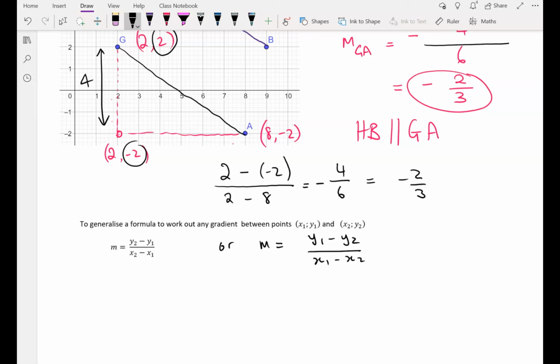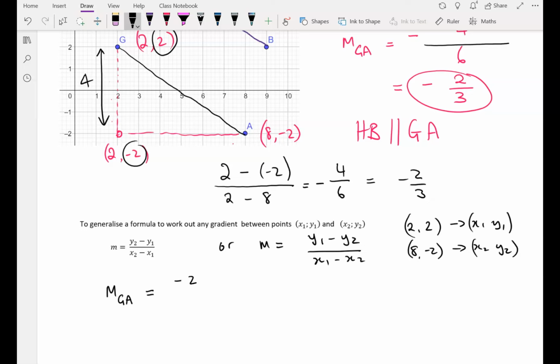So does that work for this example that we had over here, the gradient of GA? Well, if I said that 2, 2 was the point x1, y1, and I said the point 8, minus 2 was the point x2, y2, well, then my gradient's going to be y2 minus y1.